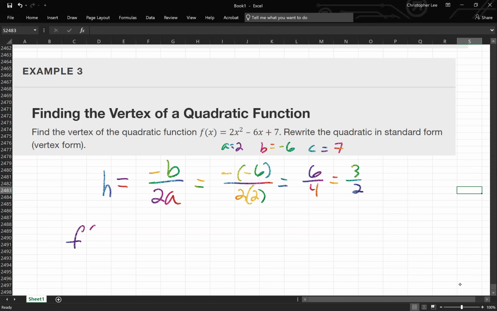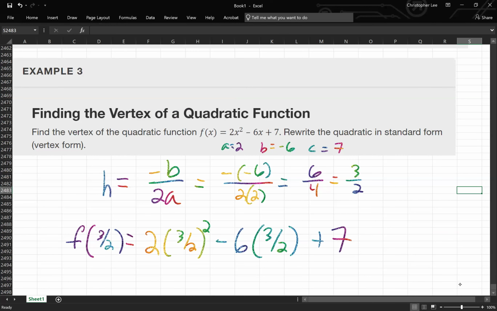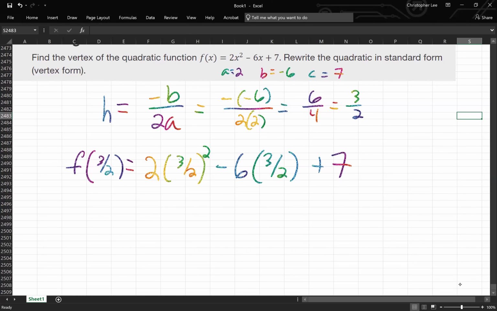Plug that into the original formula. I want f of 3 over 2. This is going to give me 2 times 3 over 2 squared minus 6 times 3 over 2 plus 7. Let's just do a little math real quick. This is going to be what? 2 over 1 times 9 over 4 minus 6 over 1 times 3 over 2 plus 7.